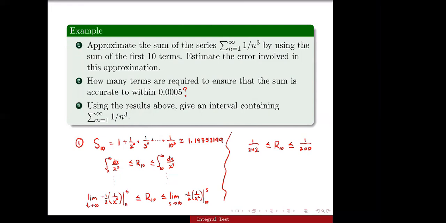If you use our calculator, 1 divided by 242 is approximately 0.0041322, etc., less than or equal to R10, less than or equal to 0.005.